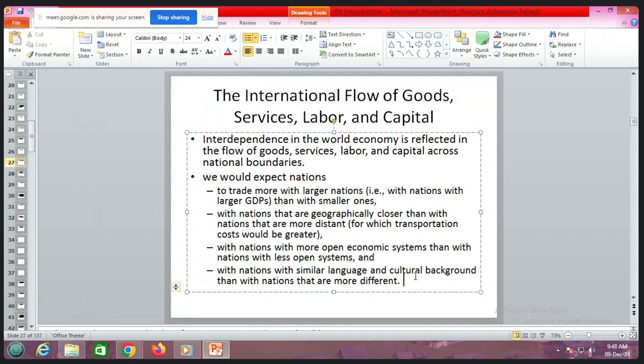Now these gravity models have been tested a lot. There have been several PhD theses and several research work that has been done on this gravity model. They take several variables like the distance between the two countries, the GDP of the country, a dummy variable on economic systems, and a dummy variable on language and cultural background, and try to test the proportion of trade between these countries with these variables.